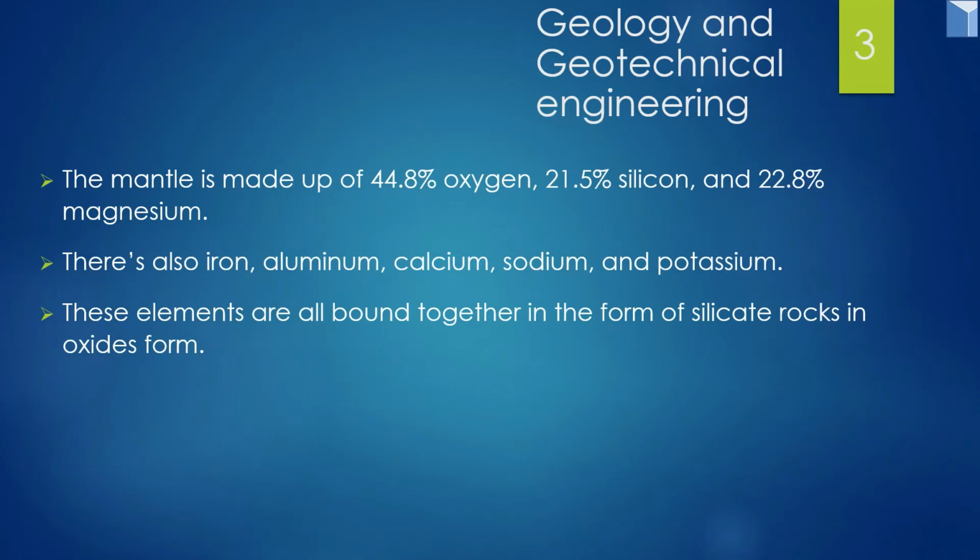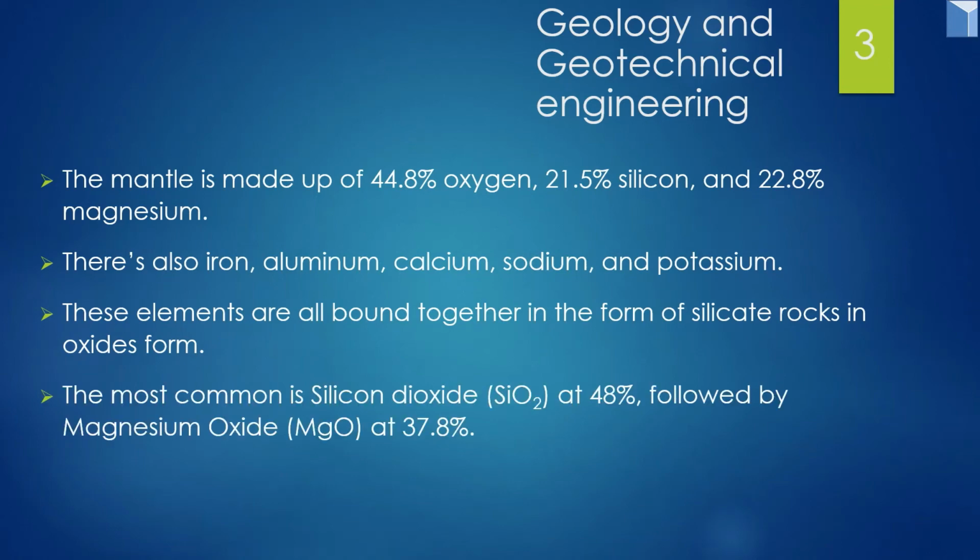The elements are bonded together in the form of silicate rocks in oxide form, which means that aluminium is bonded with oxygen, calcium is bonded with oxygen, and sodium is bonded with oxygen as molecules.